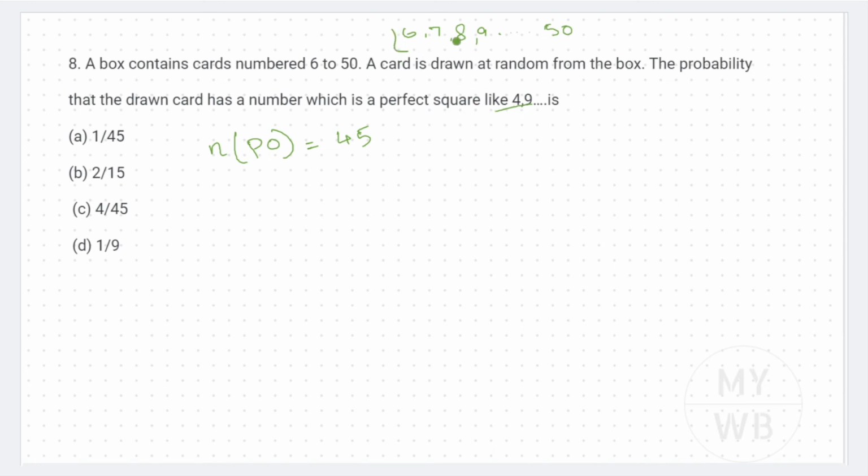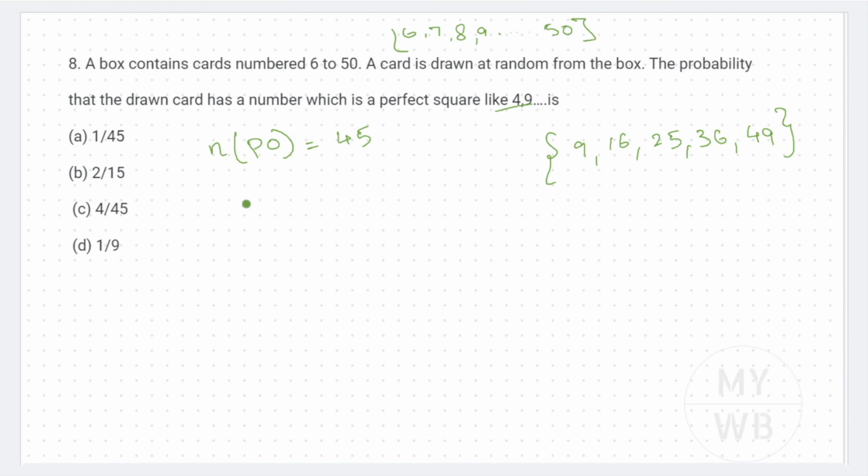Now we need to find the probability that the drawn card has a perfect square like 4 and 9. So in this range, what are the perfect squares that we have? 9 is a perfect square. Then you have 4 square, that is 16. 5 square is 25. 6 square is 36. 7 square is 49. And 8 square will be 64, which is above this range.